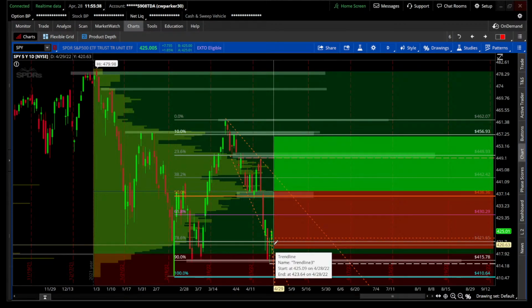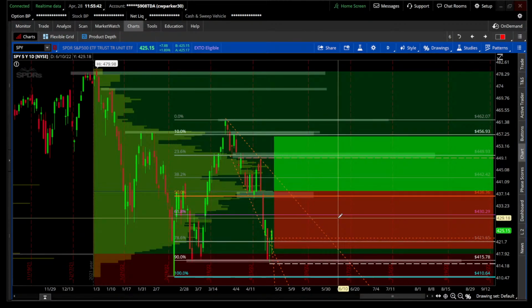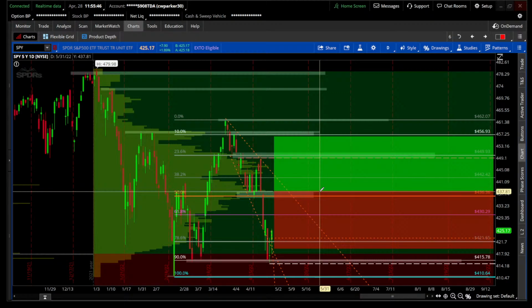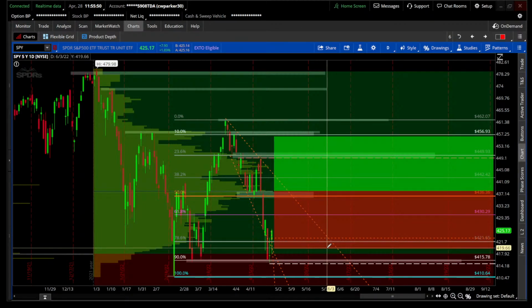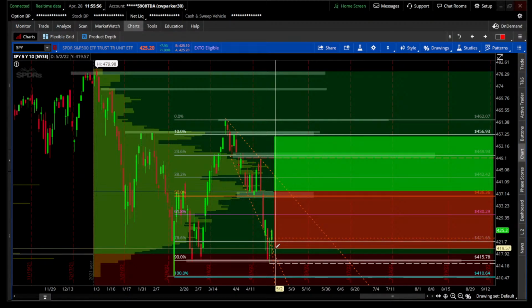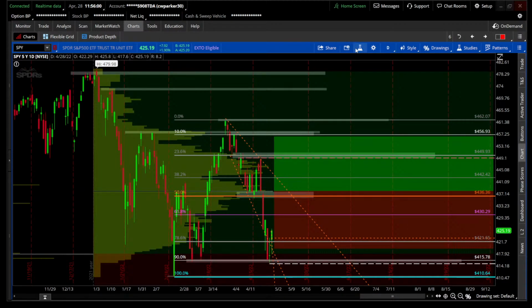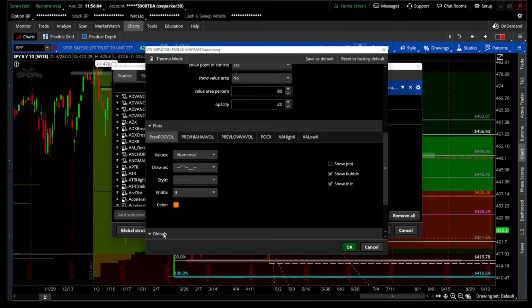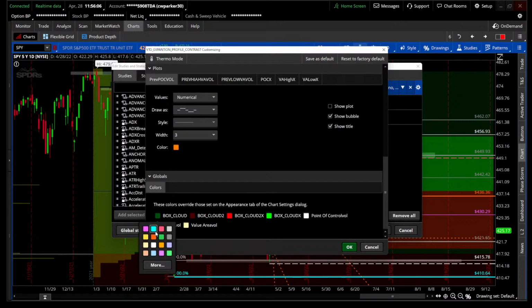It's still in the green, according to this, but this year, right now, the current value area high, current point of control, and this lower part is the current value area low, and that's where it is for the current year, and that's wow, man. I'm surprised myself with this one.